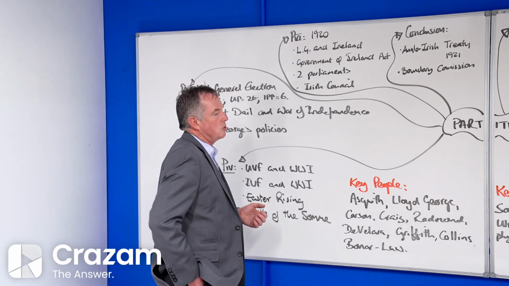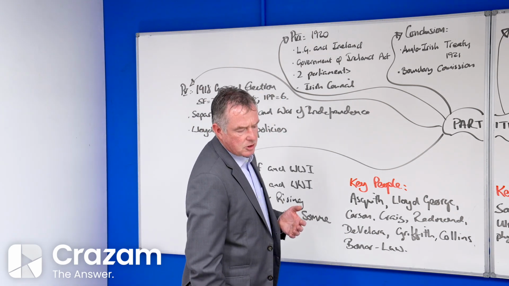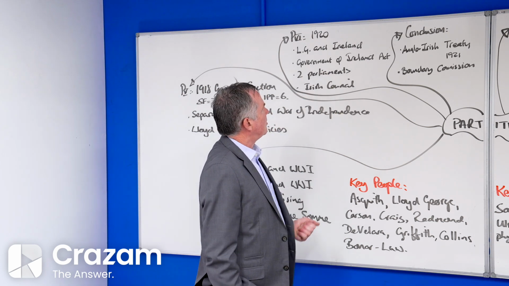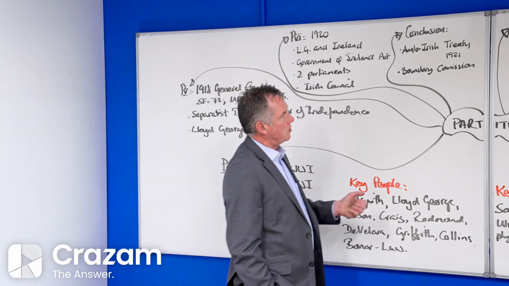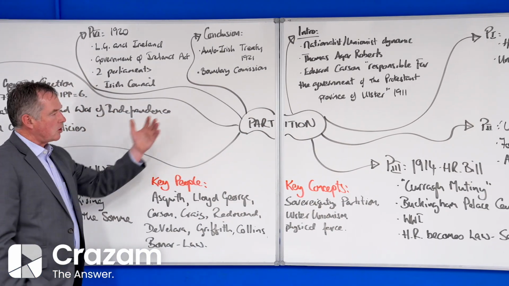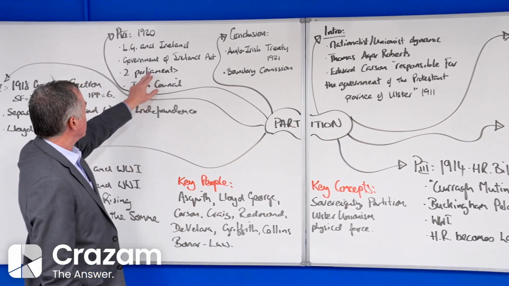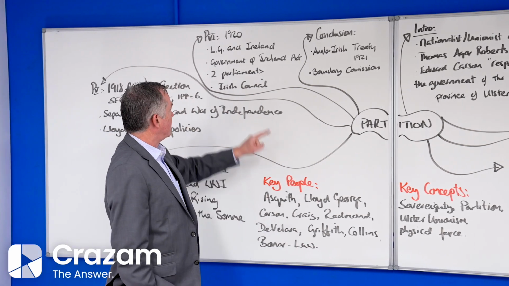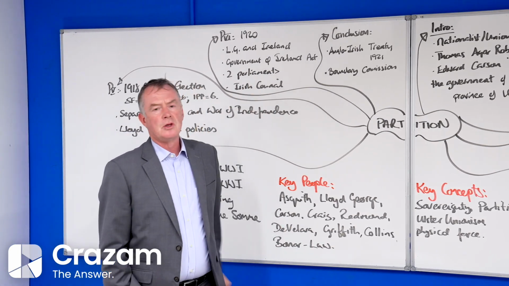So Lloyd George's solution to the Irish problem was the Government of Ireland Act, and this recognised partition that we've been talking about all through this essay, the thread, if you like, through the essay. The Government of Ireland Act makes 2 parliaments.